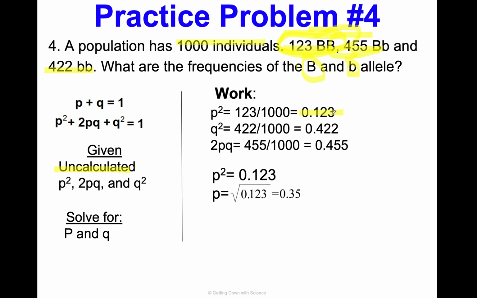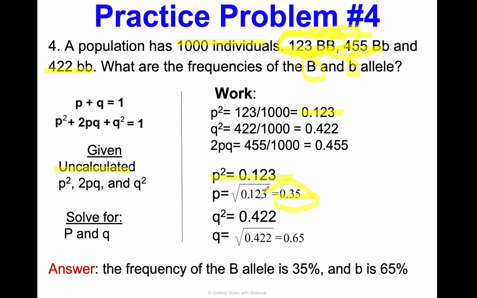We're looking for the frequencies of P and Q. So now that we have P squared and Q squared, we can square root it and find the answer. So the frequency of alleles here, the dominant allele will be 35%, and the frequency of the recessive allele is 65%. And if that sounds confusing, that the recessive allele is going to have more, remember, we are doing the alleles individually. We have that right there for the heterozygote individuals.